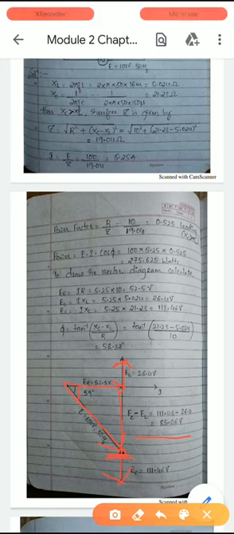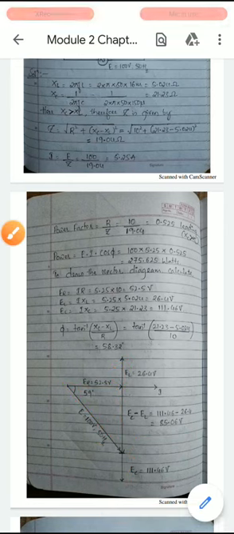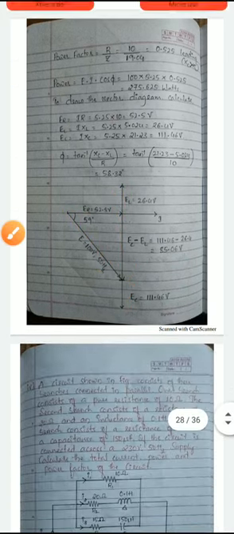So don't draw the line directly. What you need to draw is join origin and this point. So the length should be 10 centimeter, which is nothing but 10 into 10, 100 volts, then only your answer is correct. Thank you. Remaining things we will discuss in the next class.